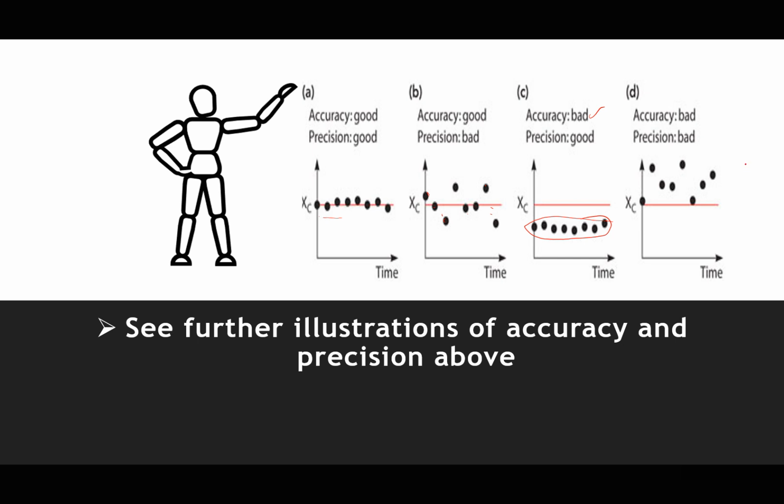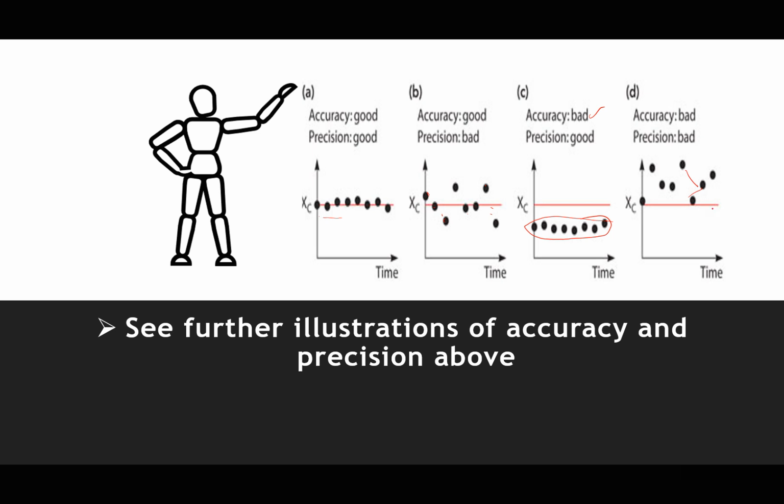In the last attempt, we see that the values are almost all above the true value or the accepted value, and they also have a relatively wider range between them. So we can conclude that here, the accuracy is bad, and the precision is also bad.